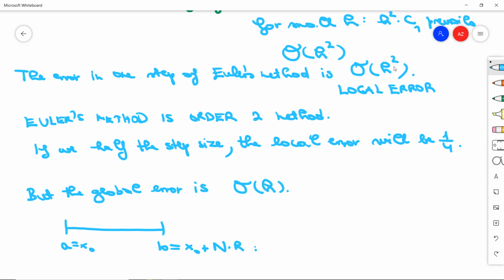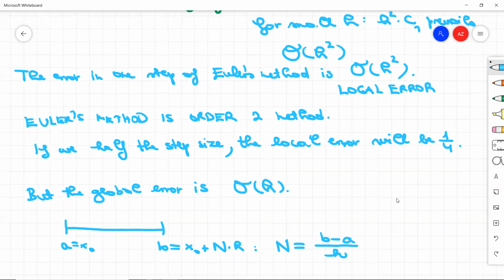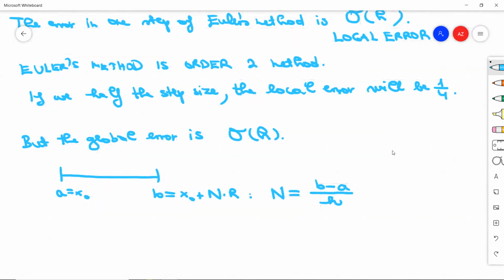And now we can express the number of steps. So the number of steps n is (b minus a) over h.